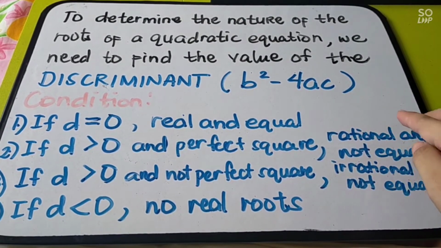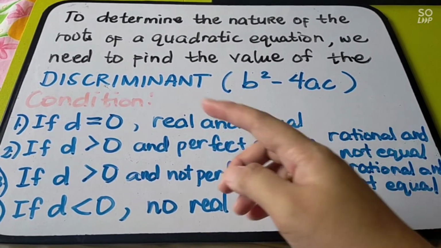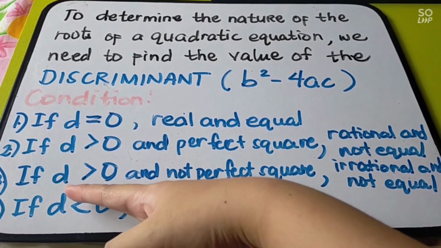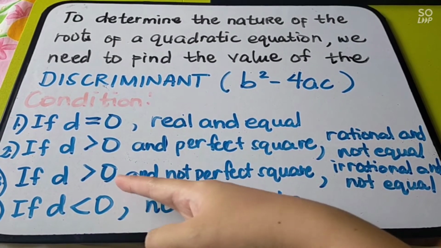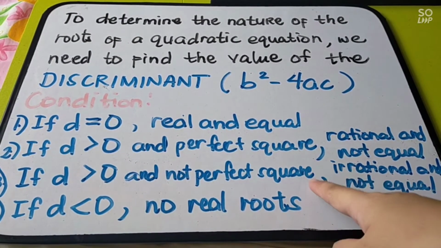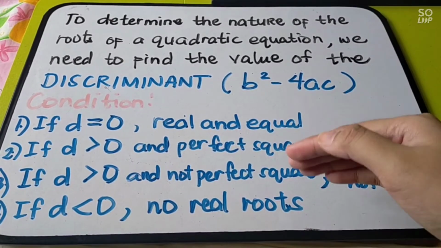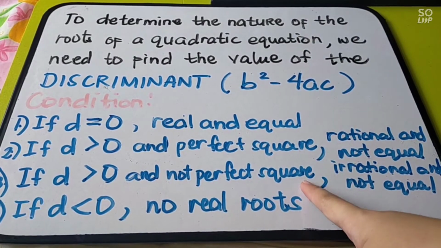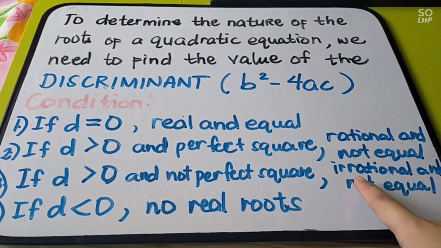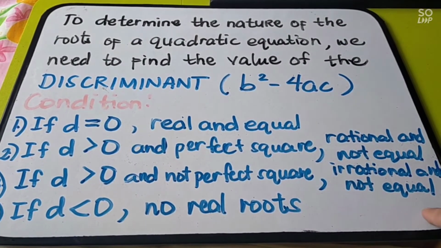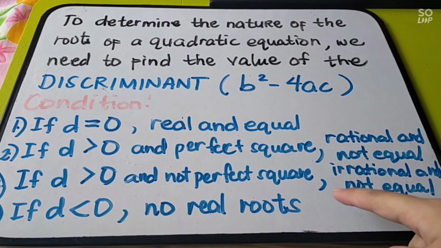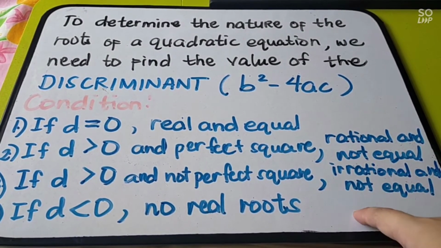When you say rational and not equal again, integers and fraction siya. Number 3, if D is greater than 0 and not a perfect square, ito naman, kapag daw si b squared minus 4ac, ang sagot mo doon is not a perfect square, therefore, ang makukuha mo is irrational and not equal. Meaning, ang magiging kasagutan mo ay merong radical sign.